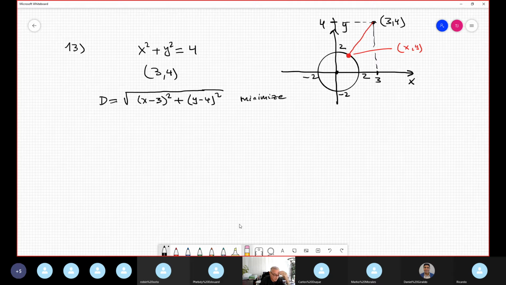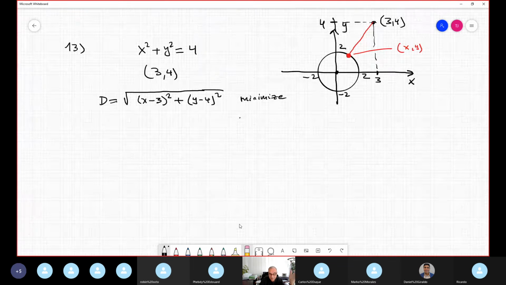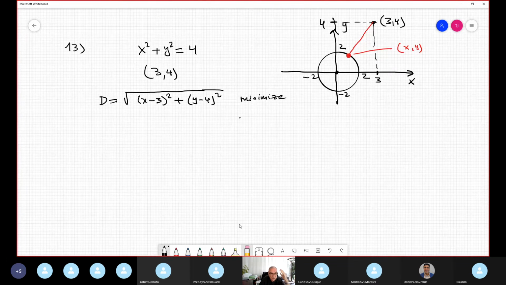Okay, minimize. But remember, you want to avoid the square root and the derivative, because when you want to find the derivative or gradient or partial derivative, I ignore the square root and consider this common sense. The objective function is only this function.